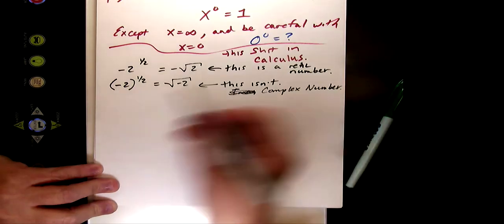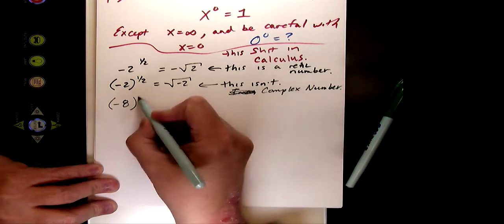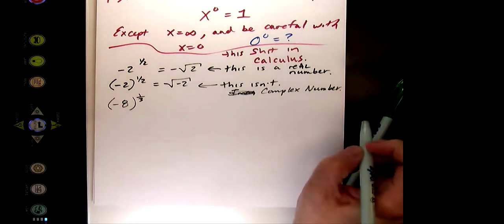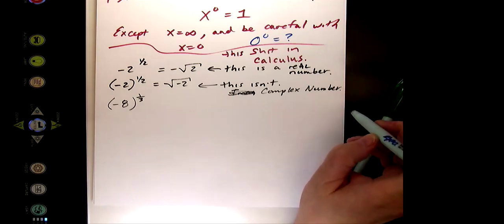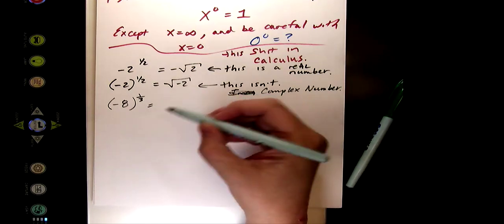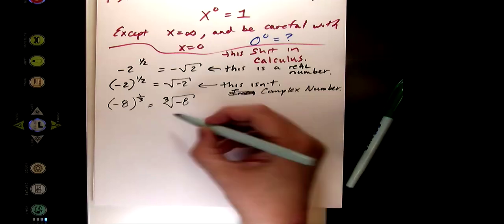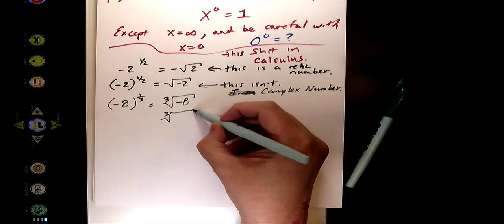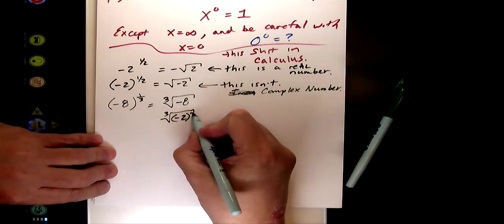The same can't be said for when we have an odd root like that. This is the cube root of -8, which is the cube root of -2 cubed.